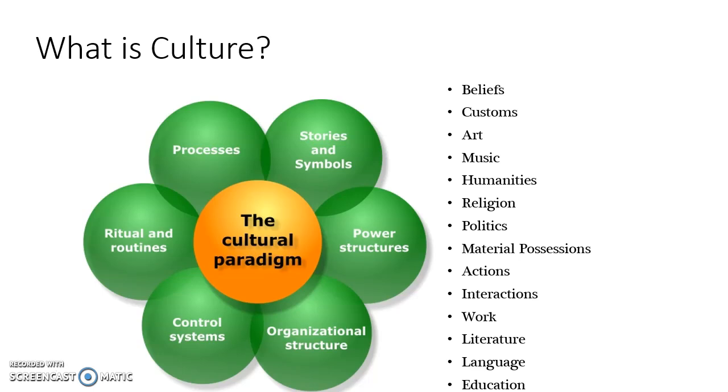The colonies did not have those shared experiences, those shared beliefs, those shared customs. They certainly didn't have shared religion or music or humanities. Many of them are not going to have shared material possessions or interactions. A lot of them did not work the same. Some of their literature is going to be familiar, just because if you look at what leads up to declaring independence, they have kind of viewed the same things.